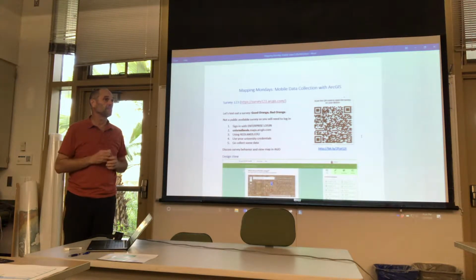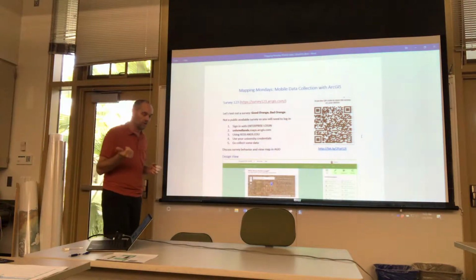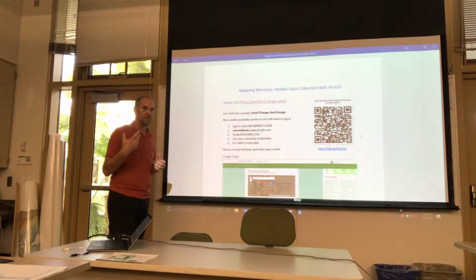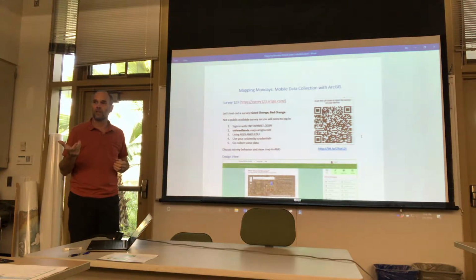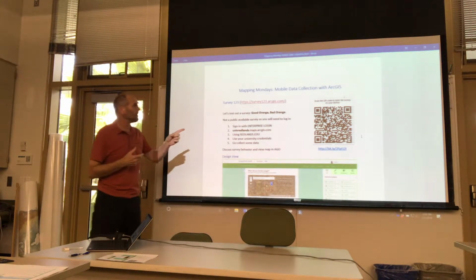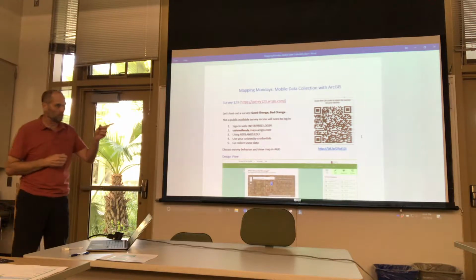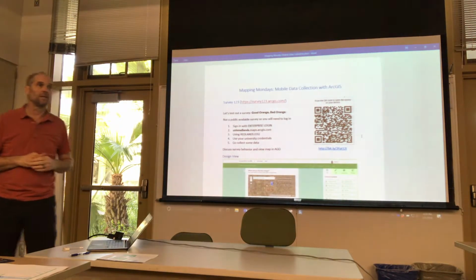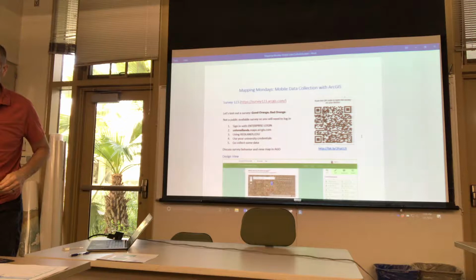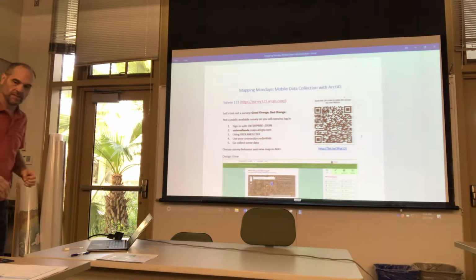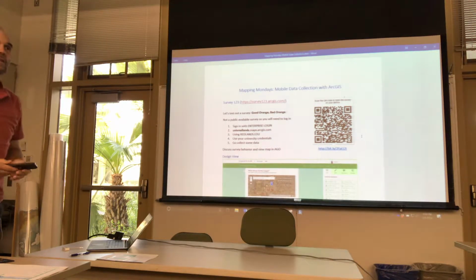You can use your smartphones. You basically need a QR reader, or Chrome has one already built into it that you can click on, or you can put in the bit.ly if you don't have that. Let's get you started on that, and then I'm going to have you go out and collect some data.